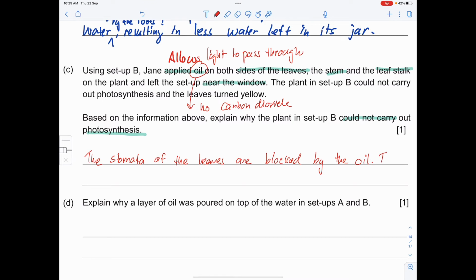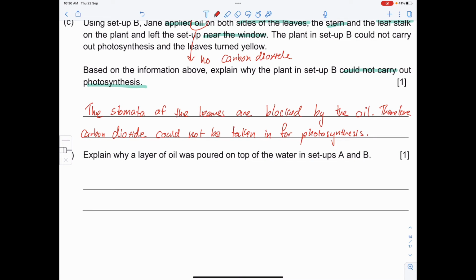Therefore, carbon dioxide could not be taken in for photosynthesis. Alright?